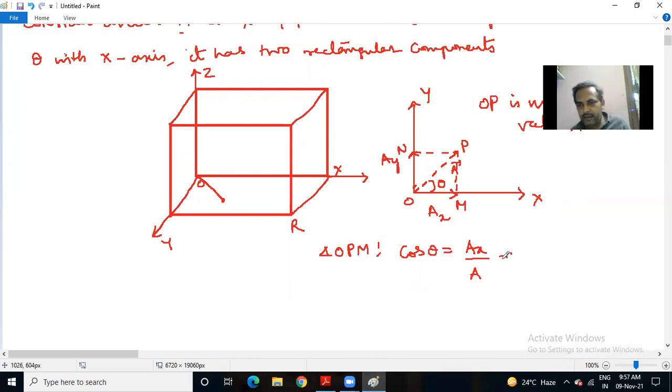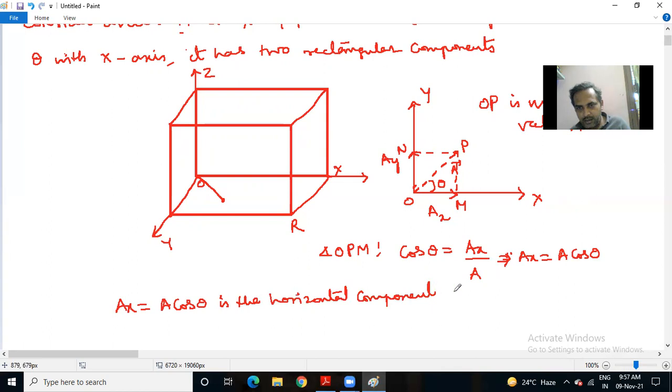So AX is equal to A cos theta. This is the horizontal component of vector A.